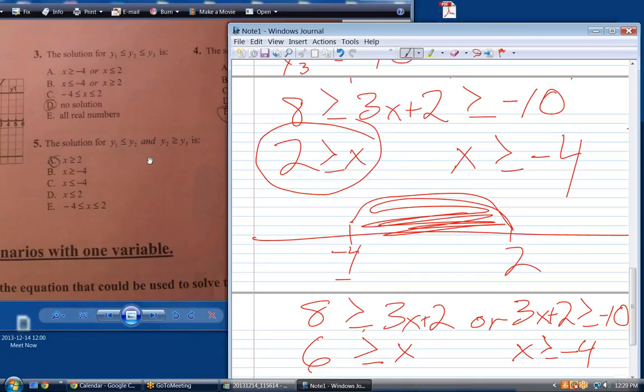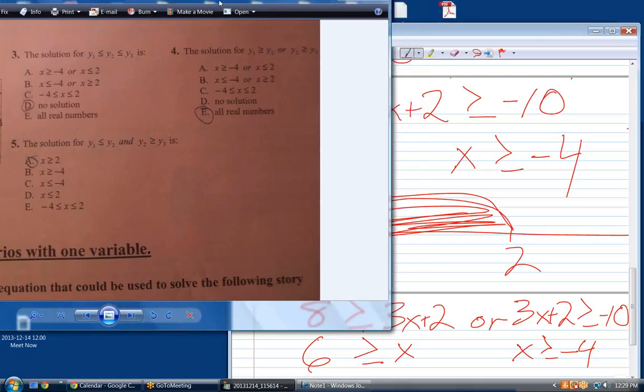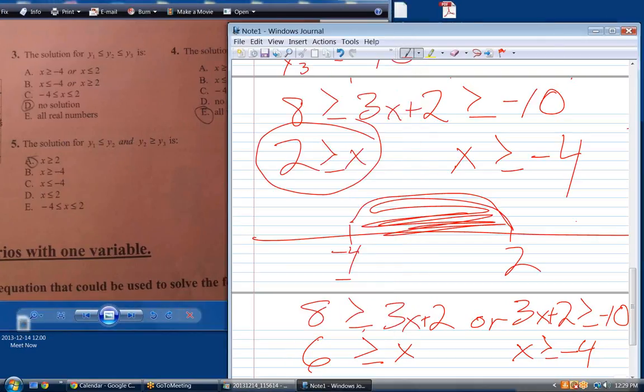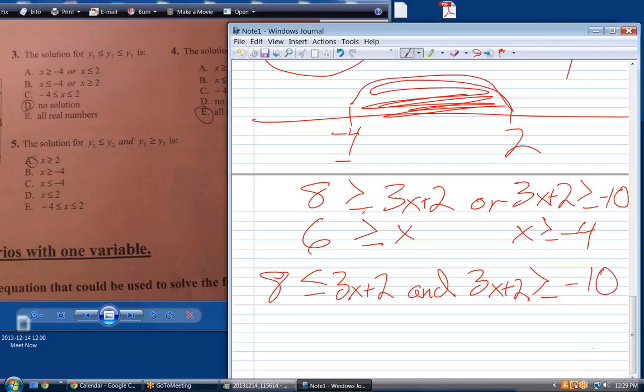Notice that the difference between this one and this one is this and right here. So, let's see. That means that 8 is less than or equal to 3x plus 2, and 3x plus 2 is greater than negative 10.